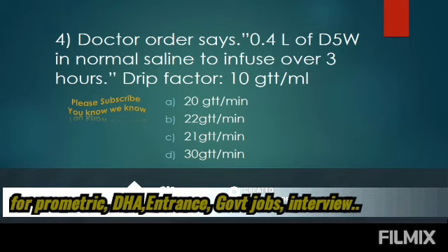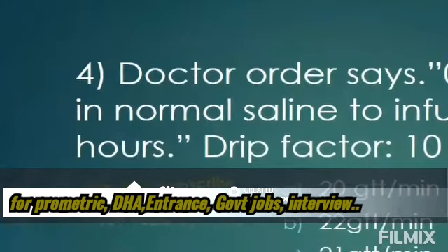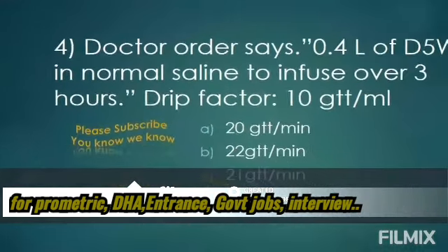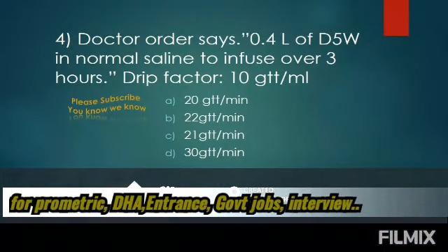Okay, so here the total volume is 400 ml. 0.4 liters in the sense it is less than half liter. 400 ml of D5W in normal saline, that is D5WNS, to infuse over 3 hours, drop factor 10 GTT. 400 ml divided by 3 hours, 3 hours to be multiplied by 60 minutes.